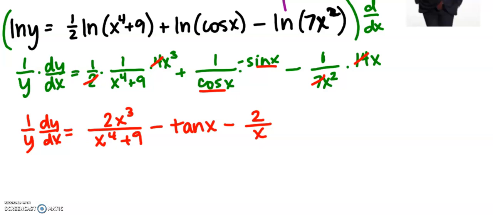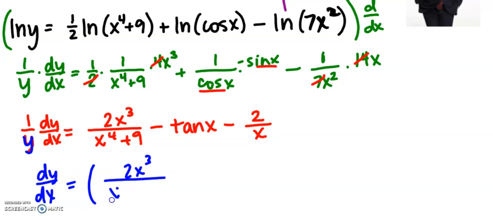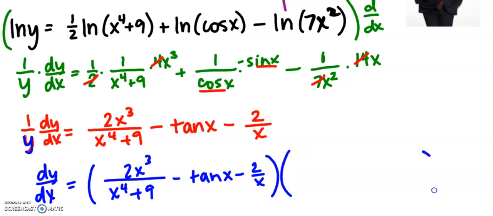From here then, last thing I need to do is multiply both sides by y. So dy dx equals, parentheses matter, right? We have to have our grouping symbols. We want to take this whole right side and we want to multiply that whole thing by y.